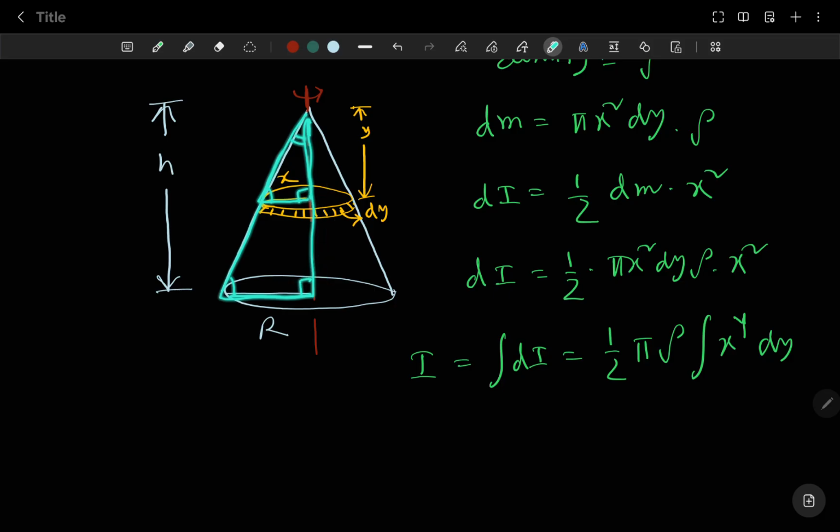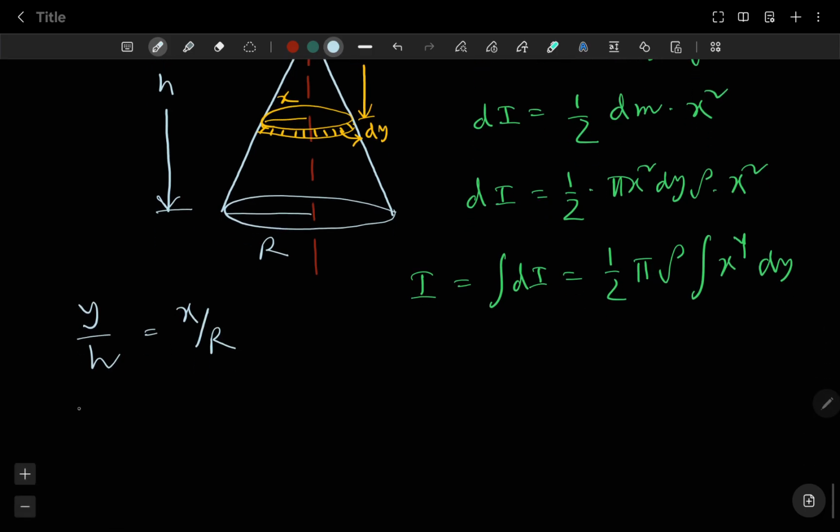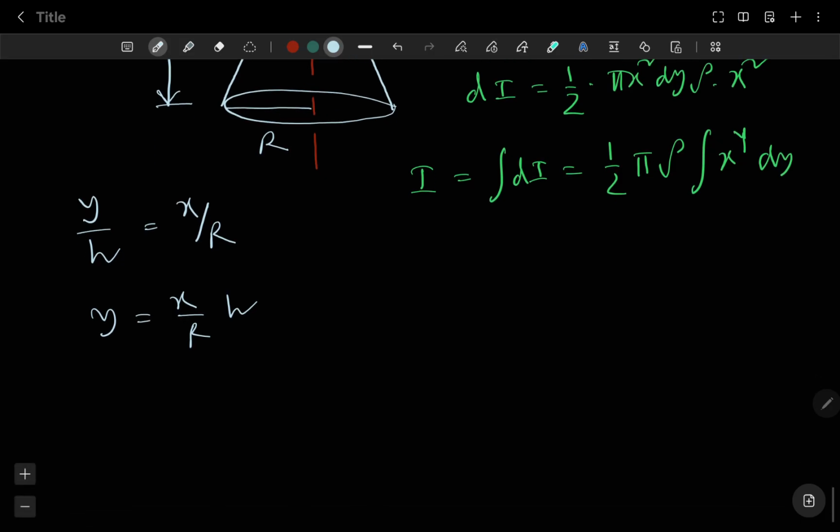So this is a similar triangle, so the ratio of corresponding sides will be the same, that is y by h will be x by r. So y is x by r into h, so dy is h by r into dx.